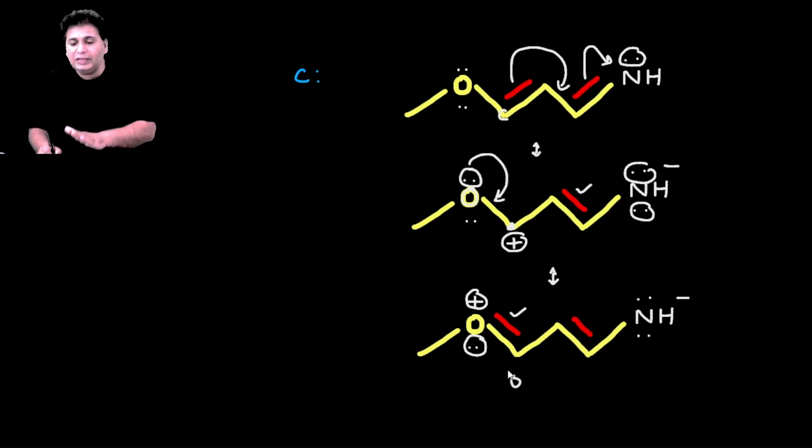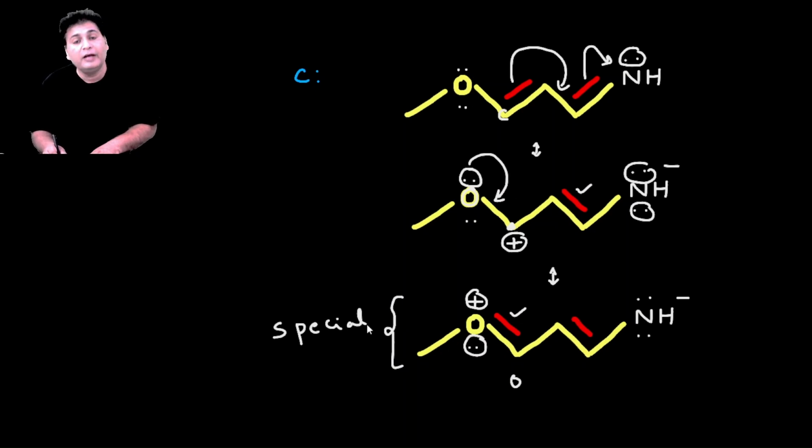Now once you see these three structures, you realize that the final structure is a very special case, because all atoms are octet completed. All atoms octet completed.